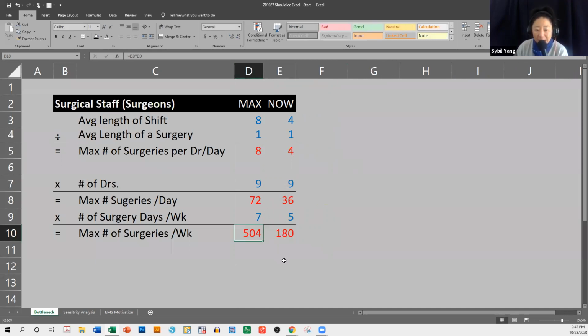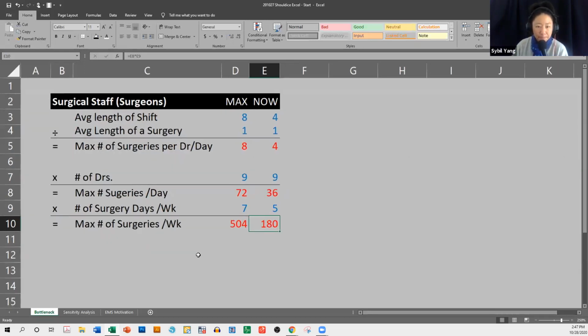So maximally, the maximum capacity of our surgeons is 504 surgeries per week. Right now, with the policies that we have in place, the maximal number of surgeries that we can perform in a week, if surgeons were the bottleneck, is 180 surgeries.